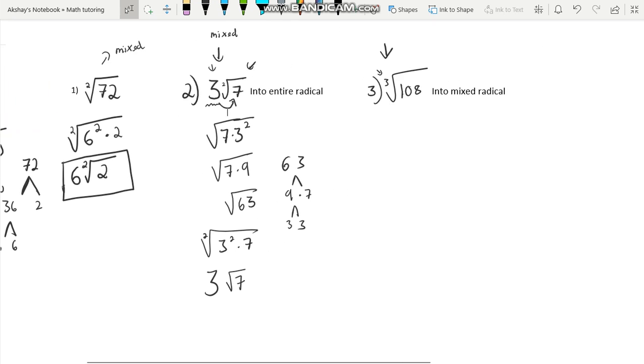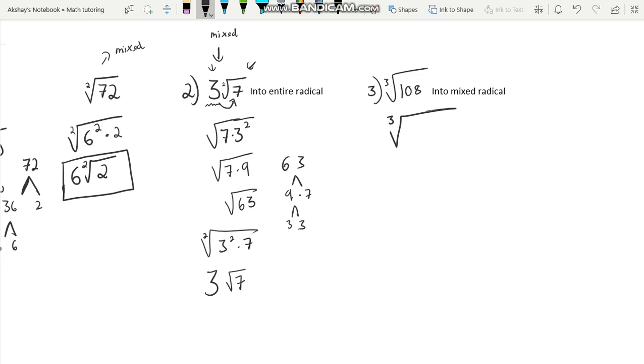So our next question, we're dealing with cube root. When we have an index of 3, it's called a cube root. In this question, we're asked to convert the cube root of 108 into the mixed radical form. It's similar to our square root, but we have to remember the cube roots and our perfect cubes.